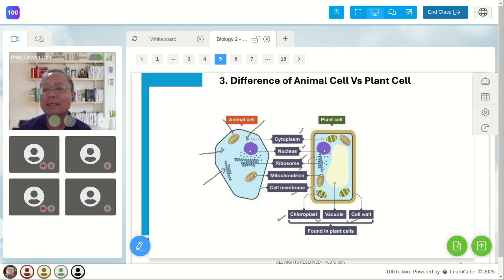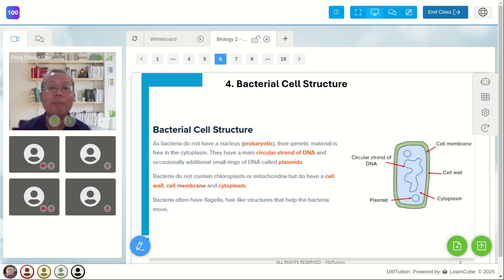So, okay, next, we will come to the bacterial cell. In the IGCSE biology syllabus, you only need to know specifically about animal cells, plant cells, and bacterial cells that you need to identify.